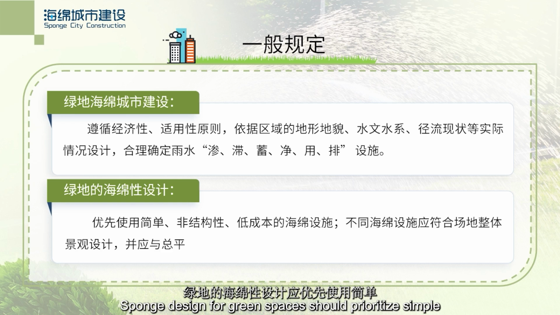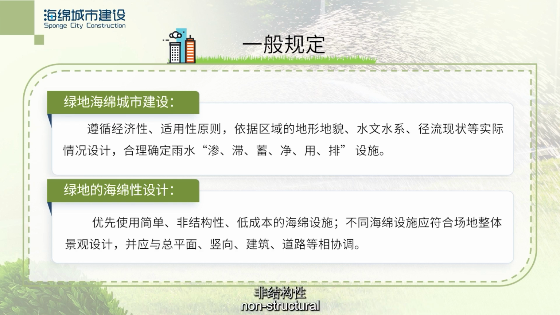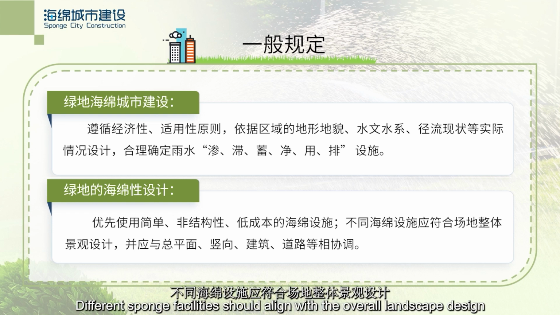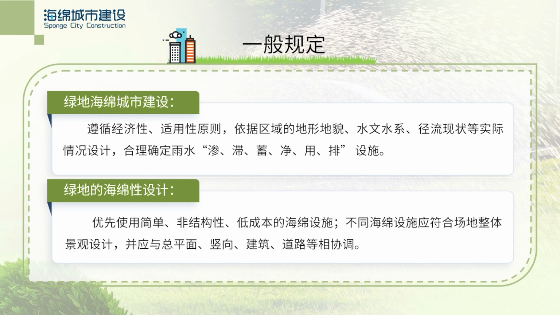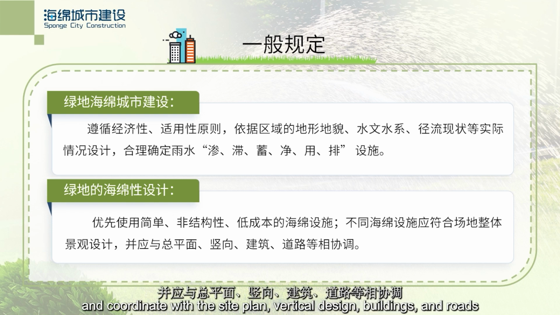Sponge design for green spaces should prioritize simple, non-structural, low-cost sponge facilities. Different sponge facilities should align with the overall landscape design and coordinate with the site plan, vertical design, buildings, and roads.